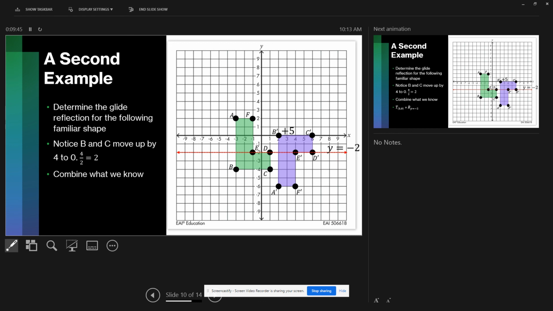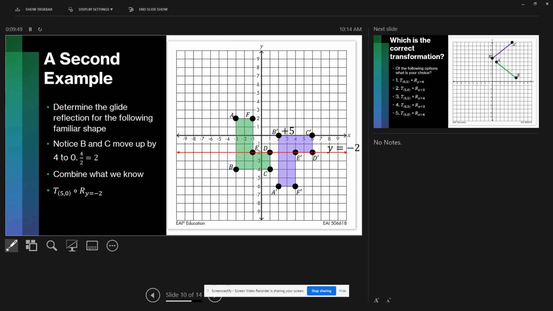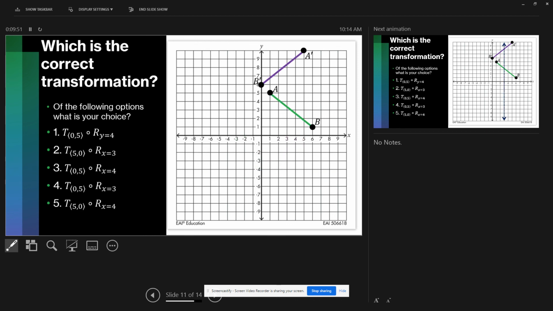So combine what we know, we have that positive 5 and y is equal to -2. So translation and rotation. Which is the correct transformation for this? Give it a pause, give it a shot, and we'll go from there.